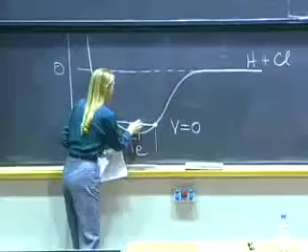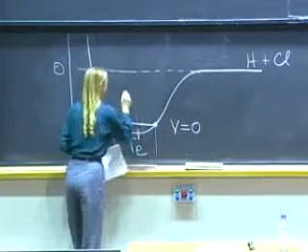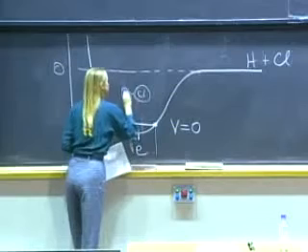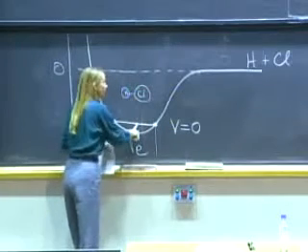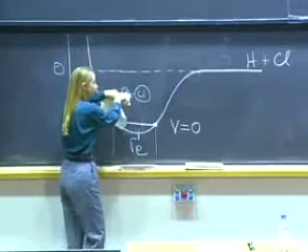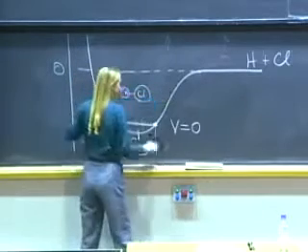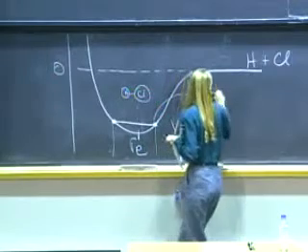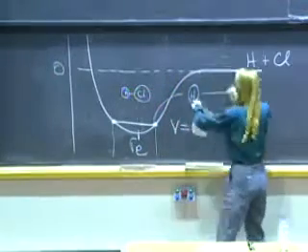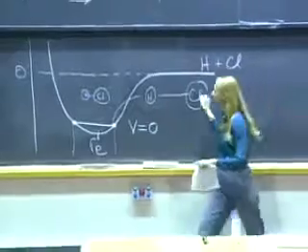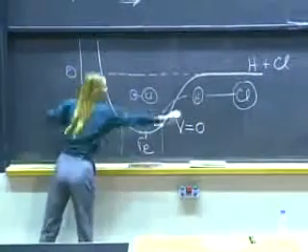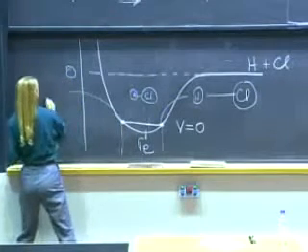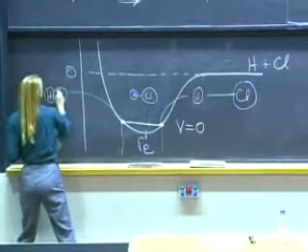So if you start out here with an HCl molecule at the equilibrium bond length right here, what happens is that the HCl will stretch, and it'll stretch to this position. So this is an exaggeration. This is how much it stretches. And then it comes back, goes through the equilibrium position, and over here, this is another exaggeration.